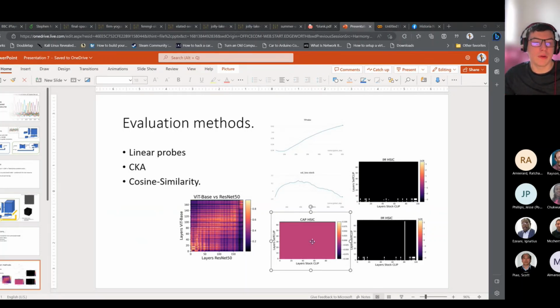What I can infer, though, is that the weights of my model are just fundamentally different to those in the stock CLIP model, which is what I'm comparing against. So in light of this, I've used linear probes. A linear probe, or linear regression probe, as it's sometimes referred to, is where you take the representations generated at each layer and pass them through a linear regression, and you basically just record the best output you can get.